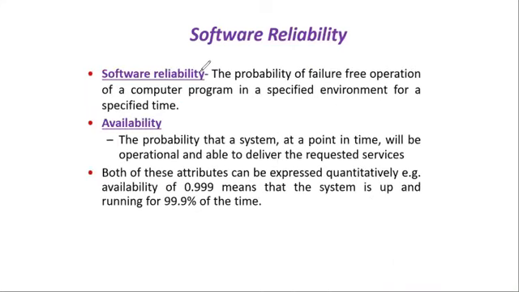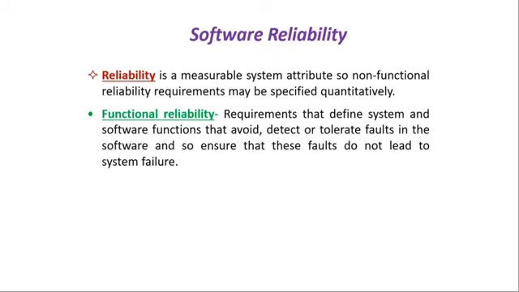Now, within software reliability and availability. In software reliability, the probability of failure-free operation of a computer program in a specified environment for a specified time. Now, here we have seen what is reliability and what is functional reliability.